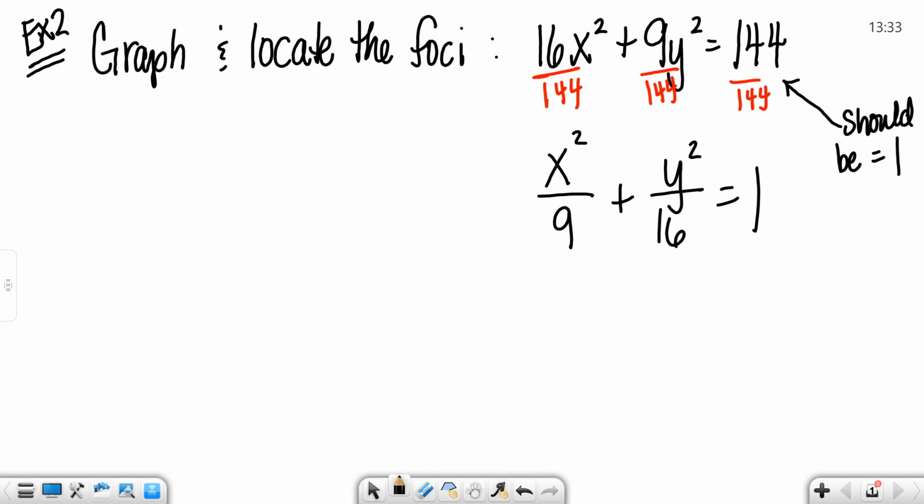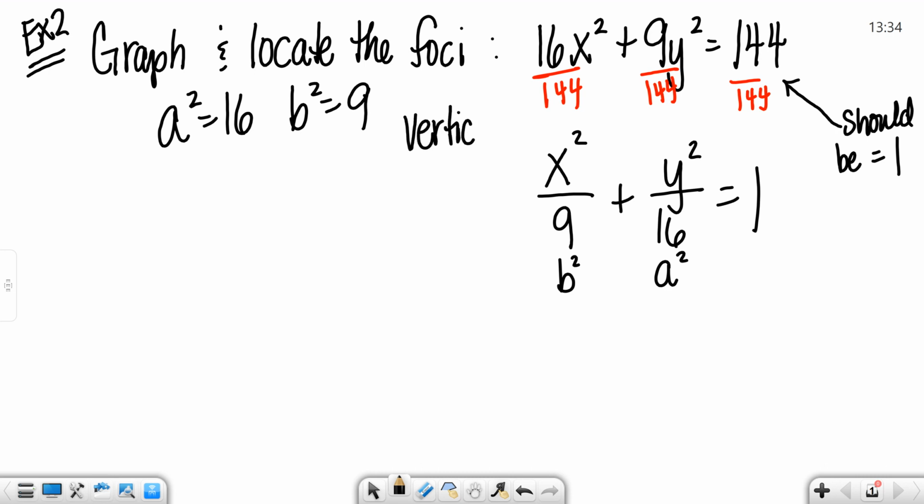Alright, so my next order of business is, I know this one is a squared and this one is b squared, because remember, a squared is always bigger than b squared. So in this problem, a squared is 16, b squared is 9. Notice that my a squared is up under the y squared, so I know that this one is vertical.